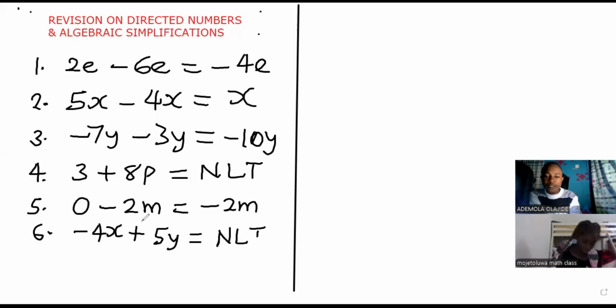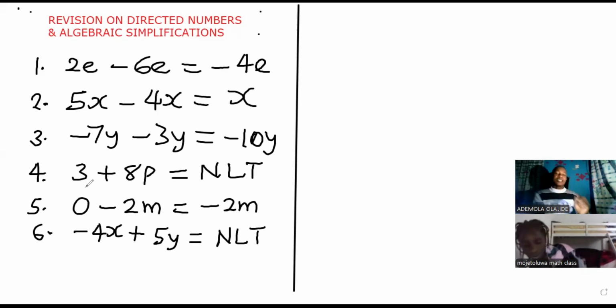So not like terms means your answer remains like this. If you are simplifying an expression and you get to this level, you cannot move any further. So you stop there. That's the answer. That's what we mean by not like terms. So you cannot simplify them further.